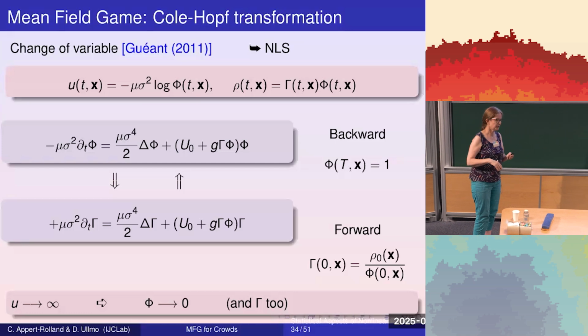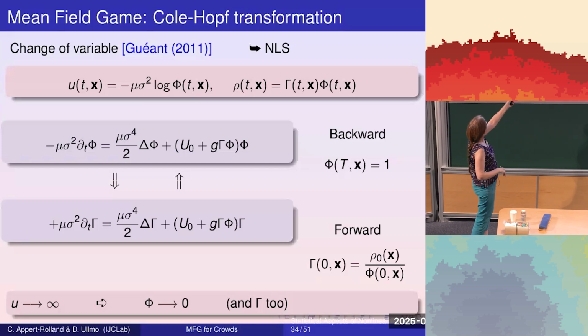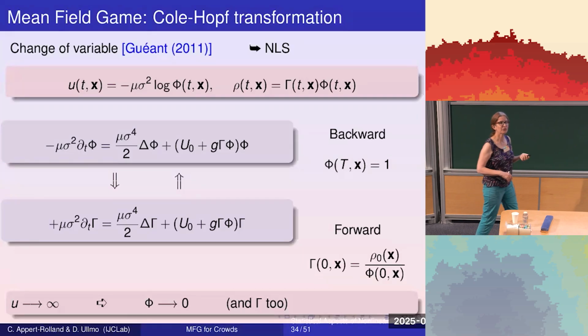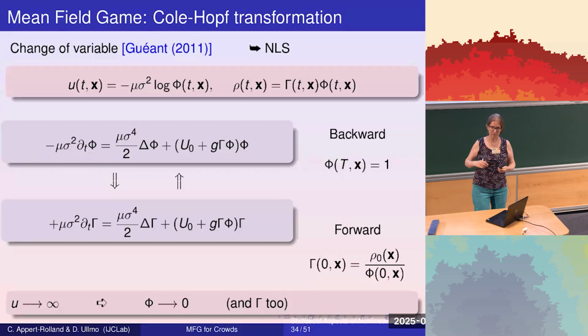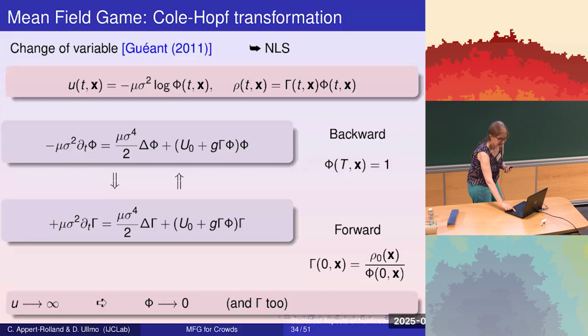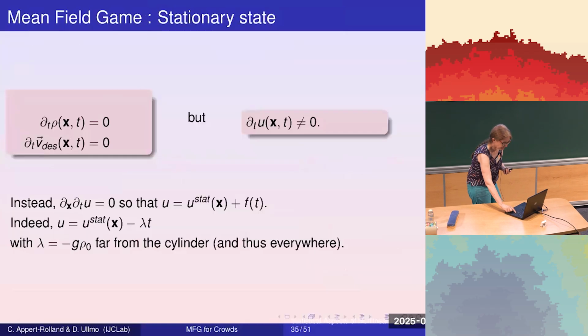And numerically, you don't like it. Here, if you put that u is infinite, you will find that phi is 0, and gamma we can show also. So it's much simpler as a boundary condition to have a limit to 0. So that's one reason also why we like this transformation.